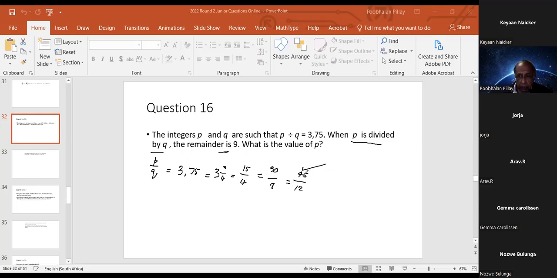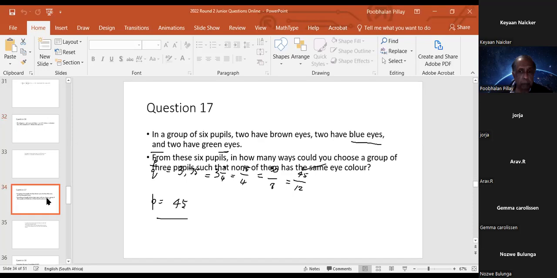But when you divide 45 by 12, you're going to get 3, remainder 9. So what's the value of P? P is just the numerator in this problem, P over Q. So it must be 45. Okay, so that's the answer to question 16. Answer to question 16 is 45.